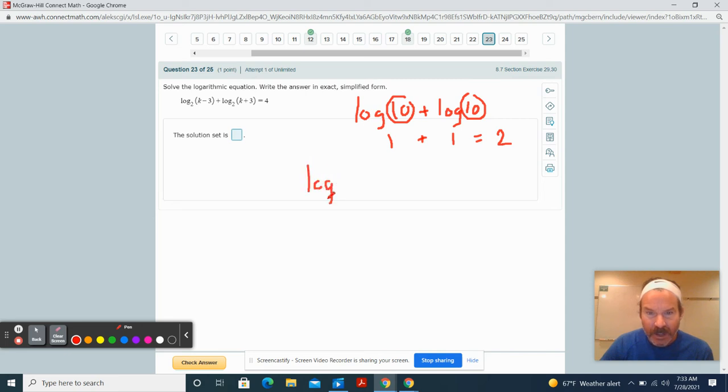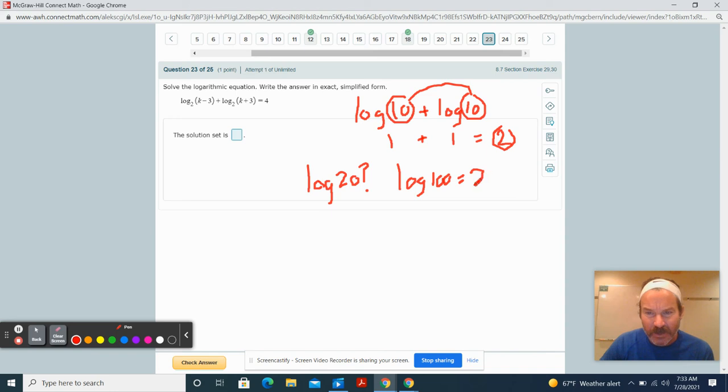Do you think you write it as log 20? Is log 20 equal to 2? No, log 20 is not equal to 2. So what else can we do to these? Well, what we do is we multiply these together. 10 times 10 is 100. Log of 100 is in fact equal to 2.